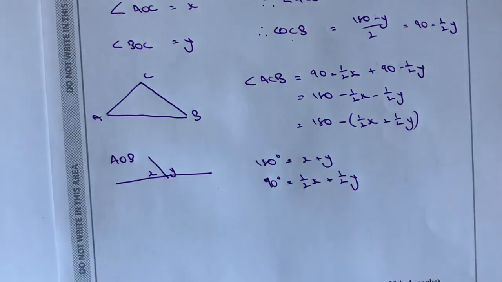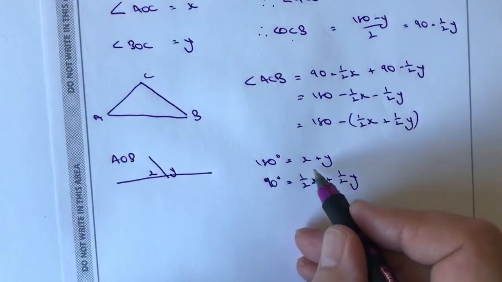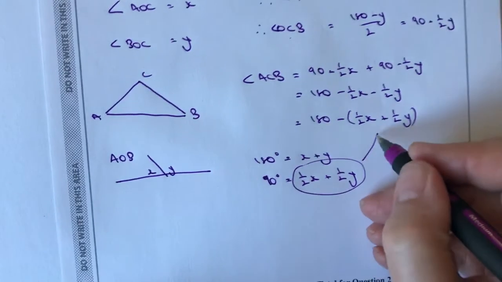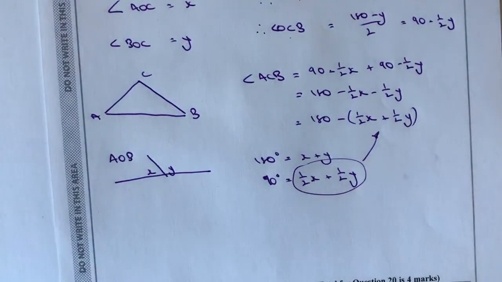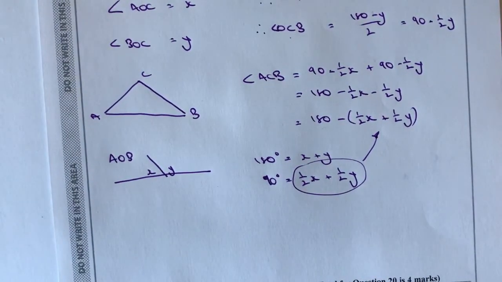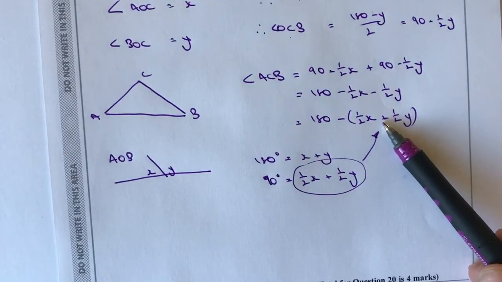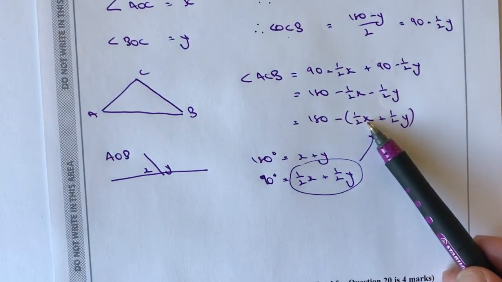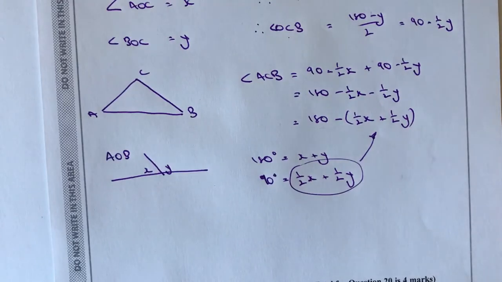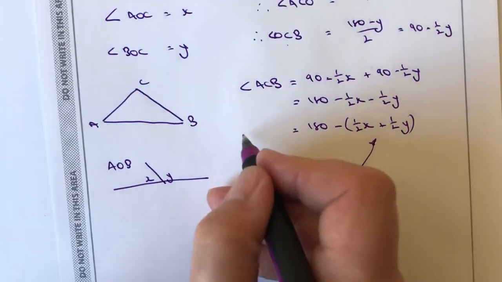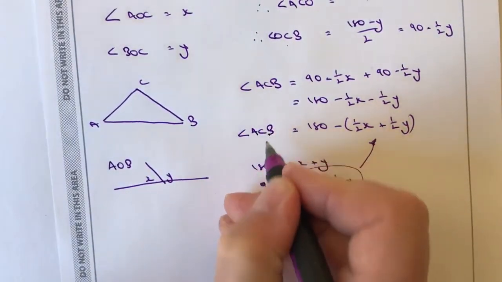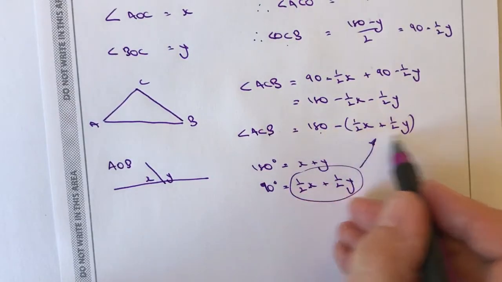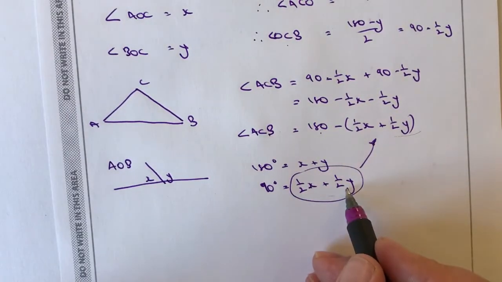That bit of it can be plugged straight into here, because a half x plus a half y goes into here, and that must then be 180 minus 90 degrees. So angle ACB is equal to 180 minus this value that goes in here.